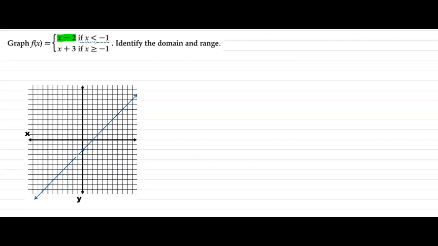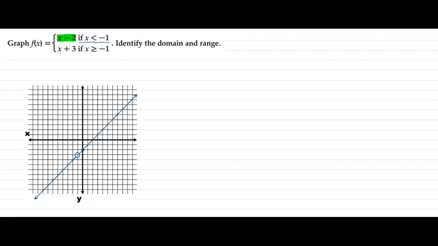Now I look at this symbol. Think back to when you graphed inequalities on a number line. If it was strictly less than, you put an open dot and then you would shade to the left. Well, I'm going to also put an open dot here. And now I have to decide which piece of this line to keep. I cut it. Now I have to keep only one side of it.